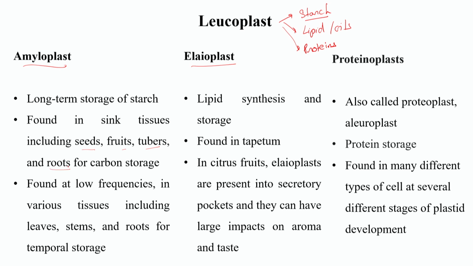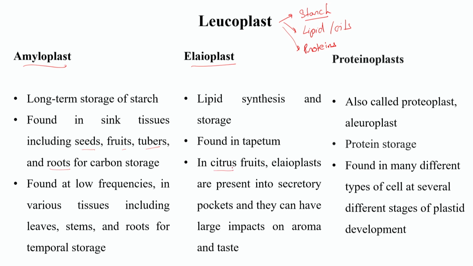In roots also it is present. However, in low frequency we can find them in various other organs like leaf, stem and root, but for short-term storage of starch. Similarly, Etioplast stores lipid as well as synthesizes lipid, and you will find them in those organs which are engaged in lipid synthesis, like some secretory glands which secrete aromatic compounds which are basically lipid in origin, like citrus fruit.